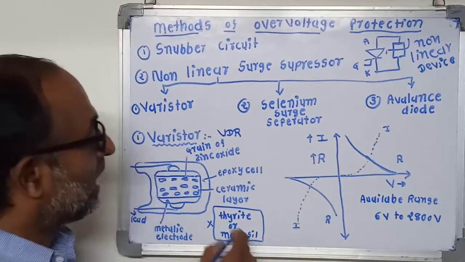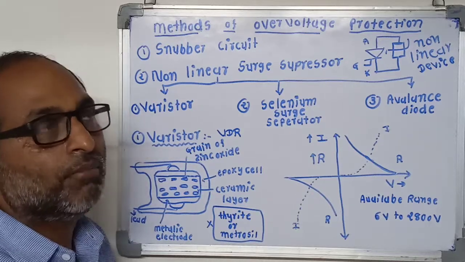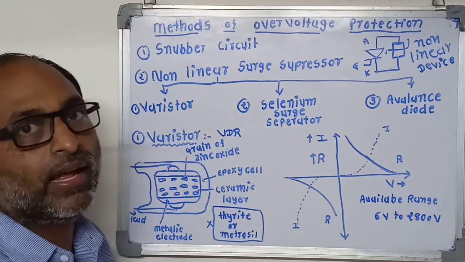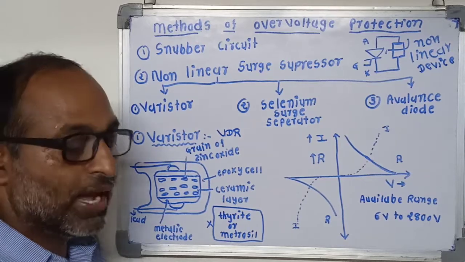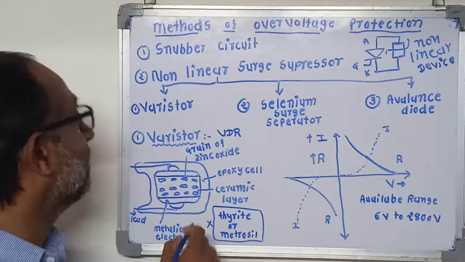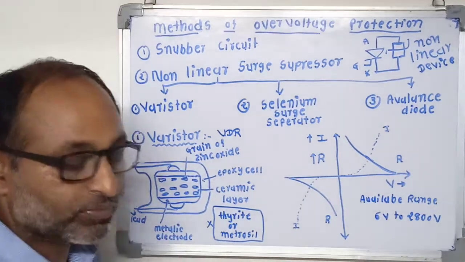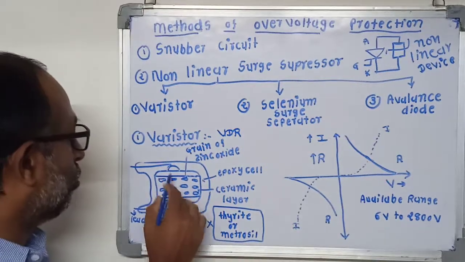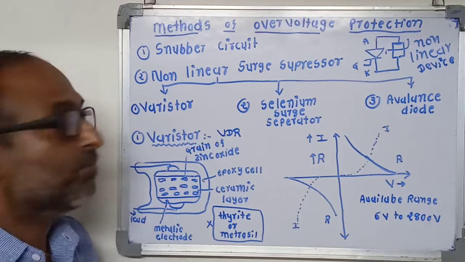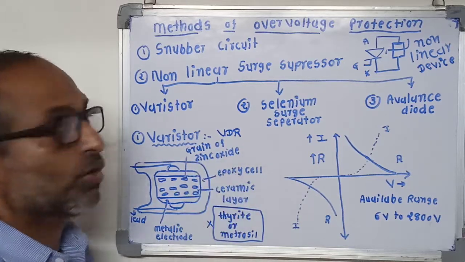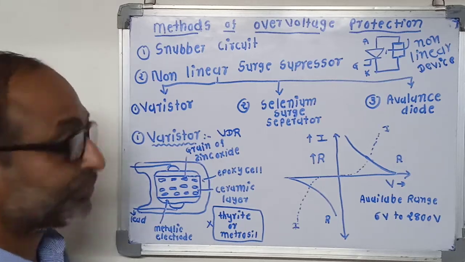Varistors were made of thyrite or metrosil material, but power losses occur in healthy condition, so their use is limited. Nowadays metal oxide varistors are used for protection. As shown in the figure, two metallic electrodes or metallic plates are separated by grains of zinc oxide, which is bound with another oxide.